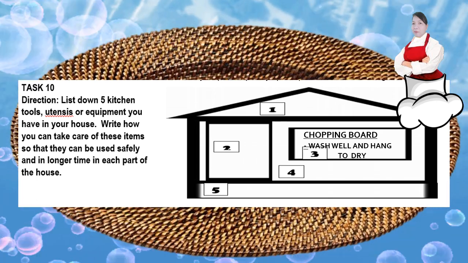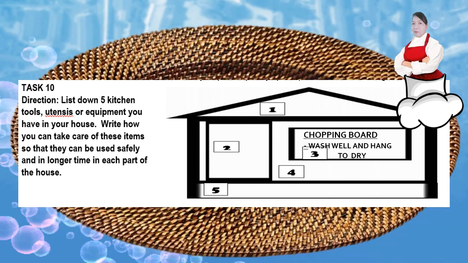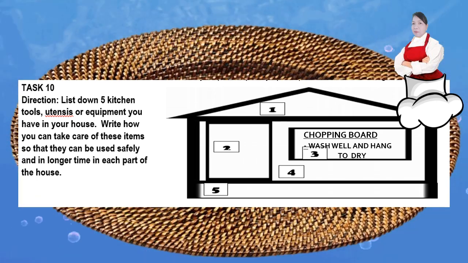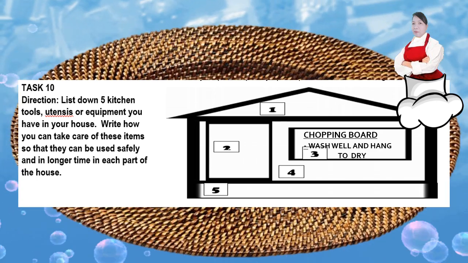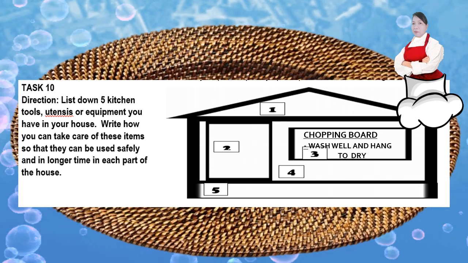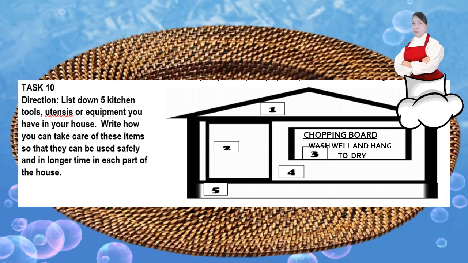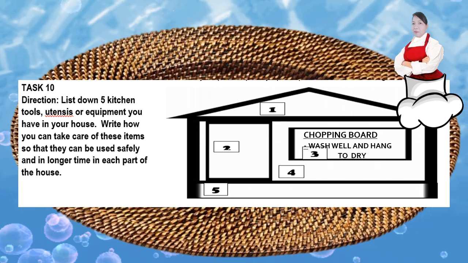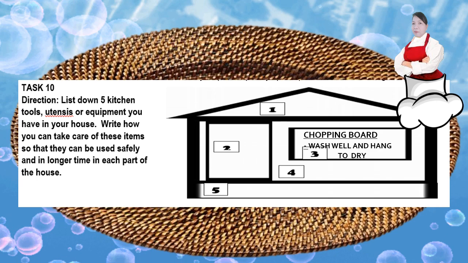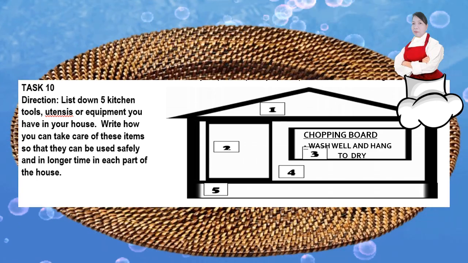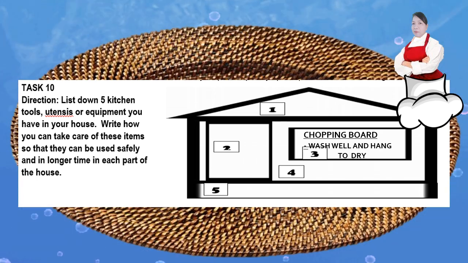And then, write how you can take care of these items. So, paano nyo sila pangangalagaan at paano sila magagamit ng ligtas. At ano yung mga paraan na pwede mong gawin upang magamit mo pa ng mas matagal ang mga kagamitan na inilagay mo na meron kayo sa bahay.